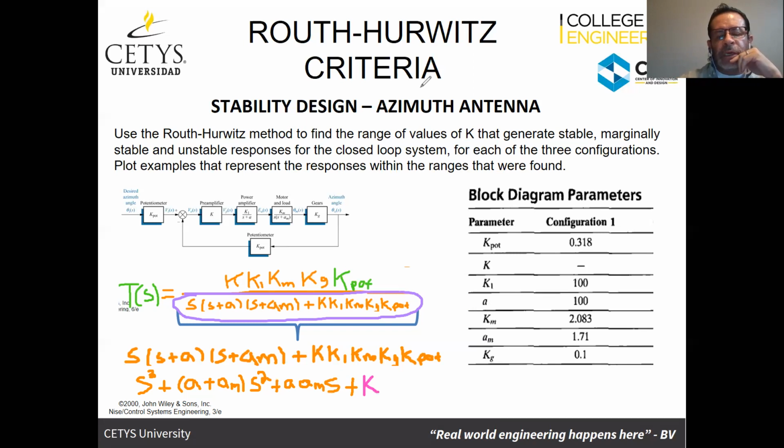It will be k times that whole other bunch of k's: k1, km, kg, and k pot.